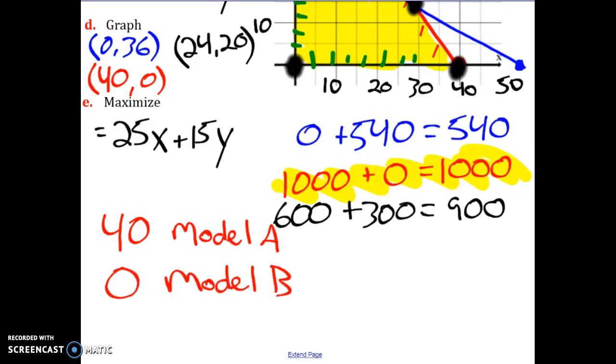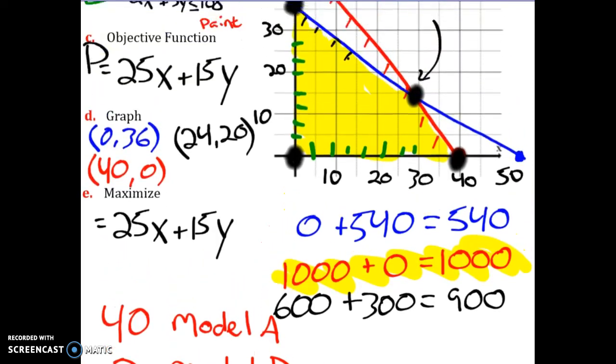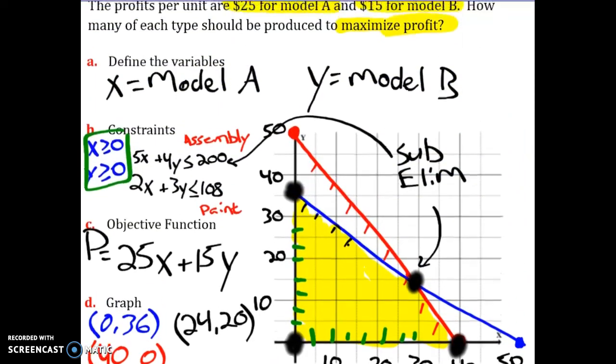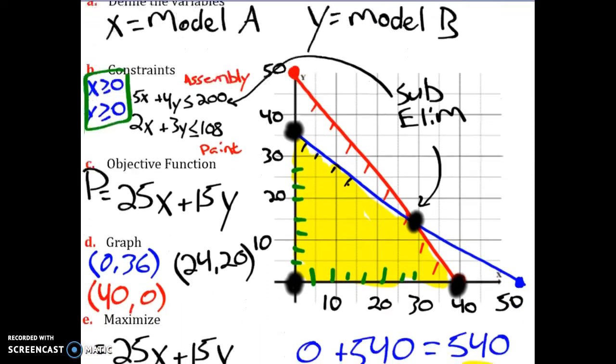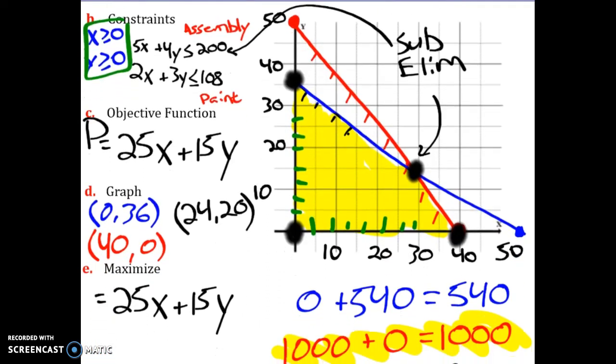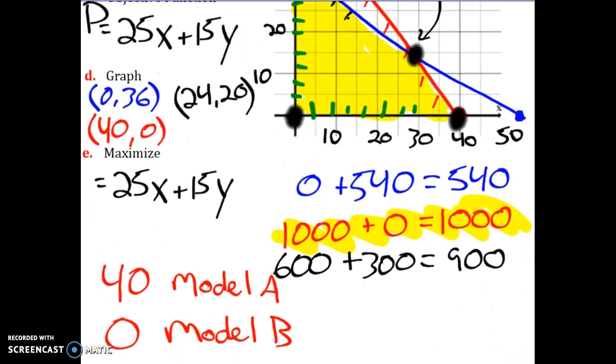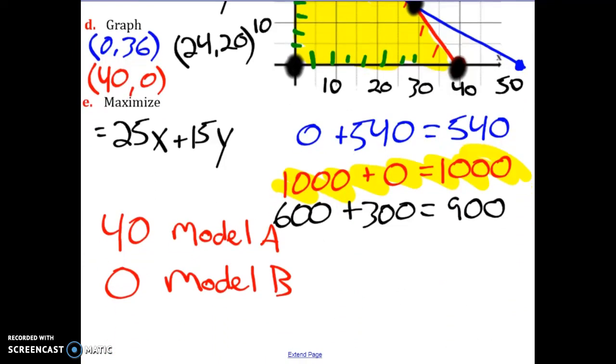Based on the constraints that we've been dealt, that combination is going to give us the most profit possible. And that, ladies and gents, is linear programming. It's a long and arduous process. However, once you get used to the steps, it becomes second nature rather quickly.